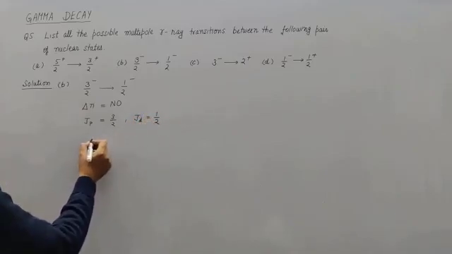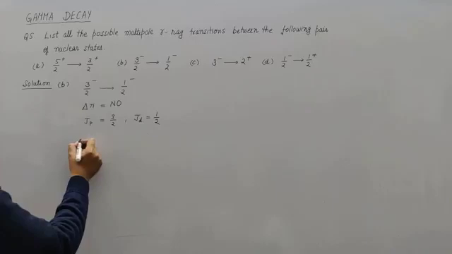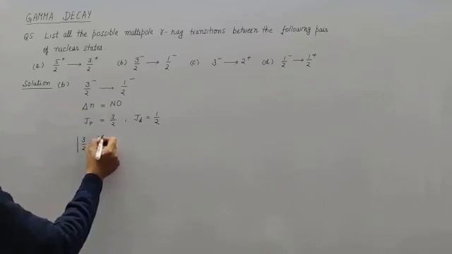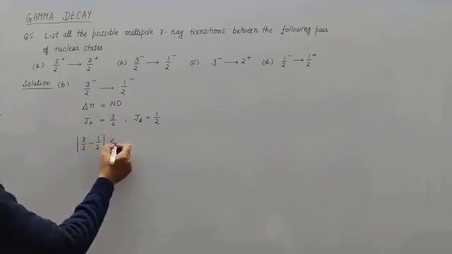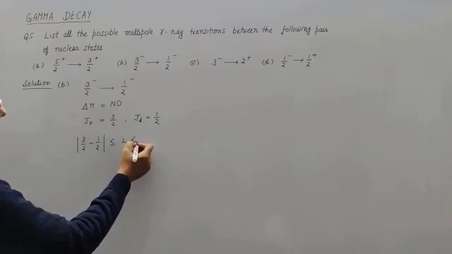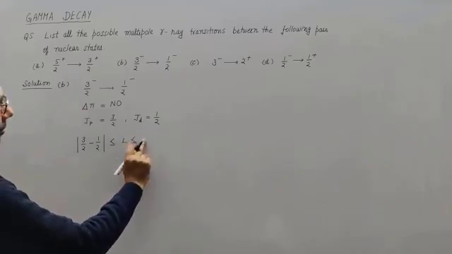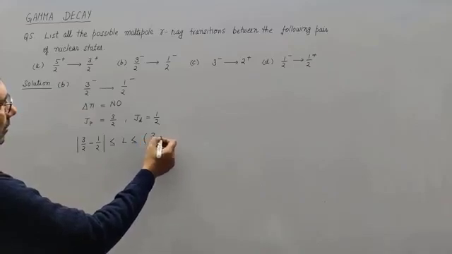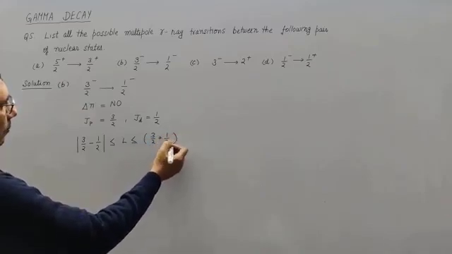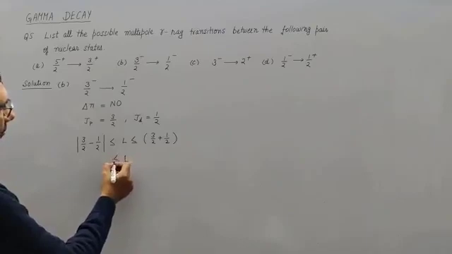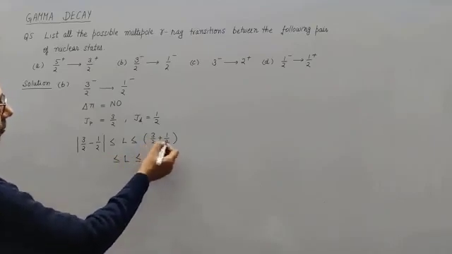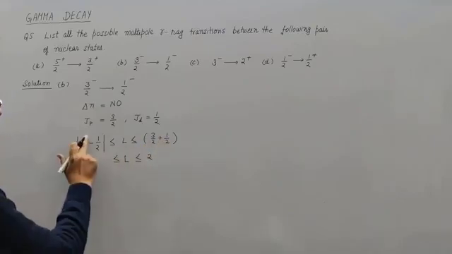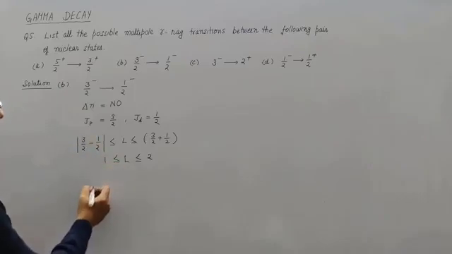So what are the possible values of L? Possible values of L will be from 3/2 minus 1/2, and L values will be in between these two limits, up to 3/2 plus 1/2. Here 3/2 plus 1/2 will be 2, and 3/2 minus 1/2 will be 1.